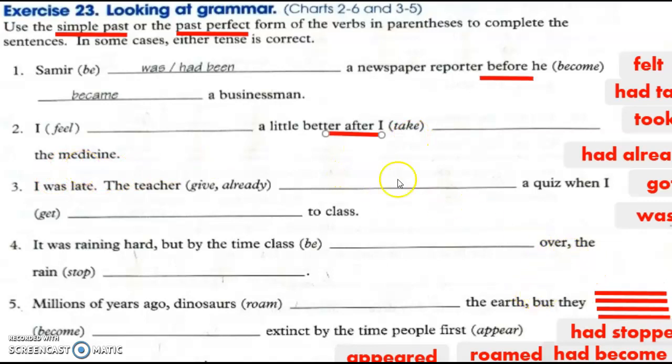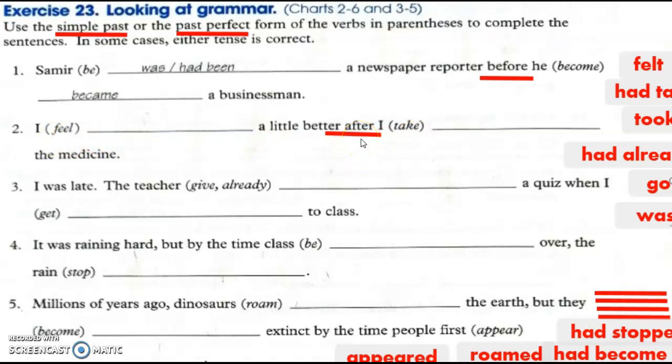As always, we have to look for the clues. So here we have the expression of time after. It shows that we have two actions. One of them is older than the other one. So which one do you think is older, the feel or take the medicine?